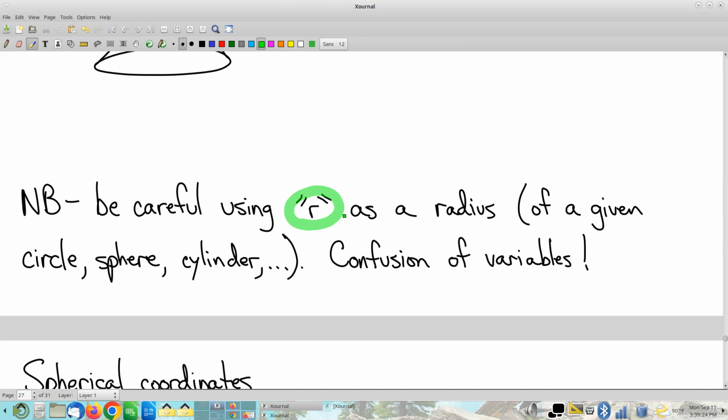You can't. x is a coordinate. We're doing things already with x. You can't just use it for something else. Likewise, r no longer can really be used because it's now a coordinate variable for a coordinate system.